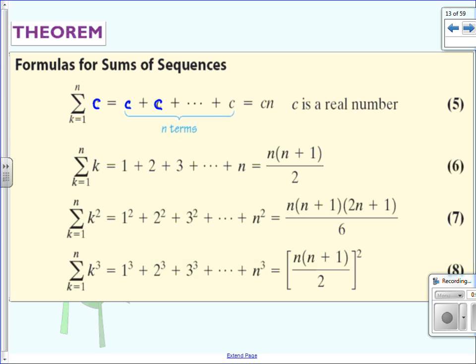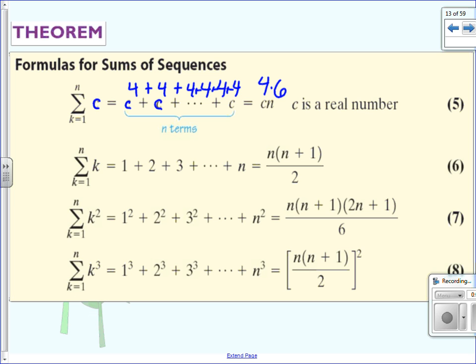So for example, if I take the number 4 and I add it to itself, 1, 2, 3, 4, 5, 6 times, that's the same thing as saying 4 times 6. That's something we learned in elementary school. This is just formalizing that into sigma notation. So that is an old concept written in a new way.